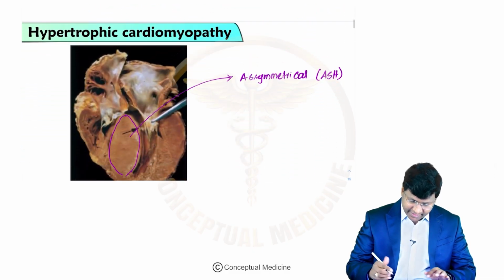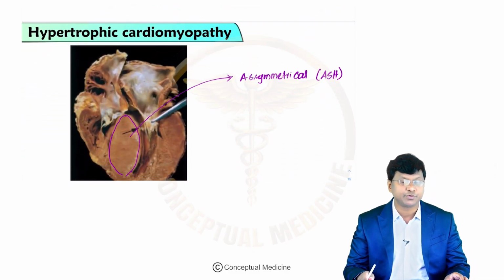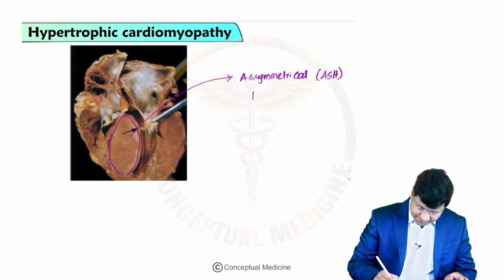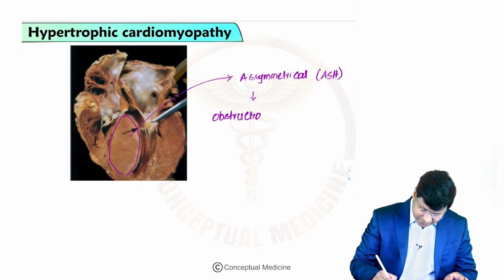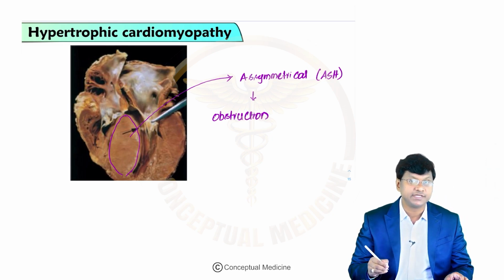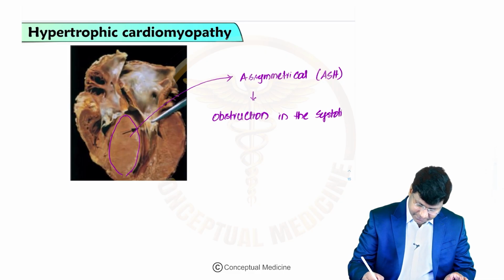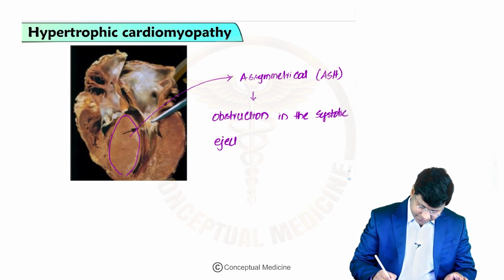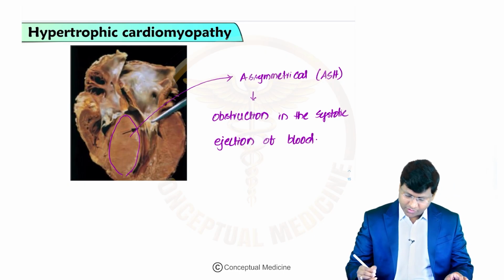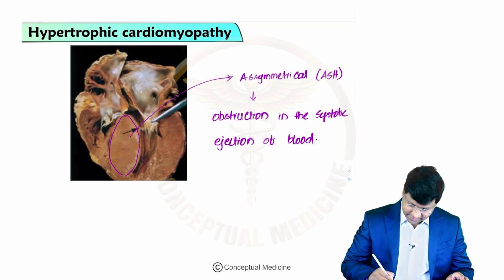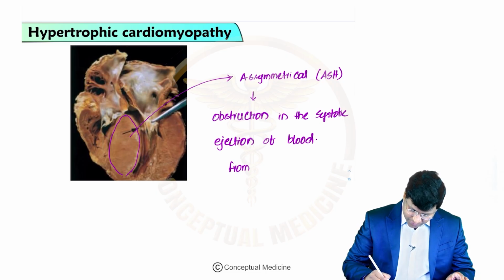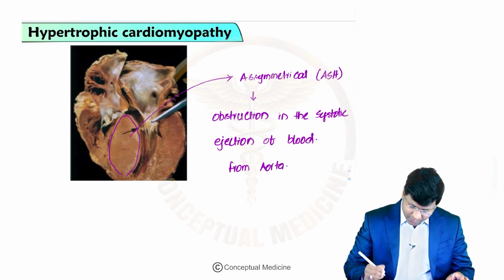Now this asymmetrically hypertrophied interventricular septum will cause obstruction in the systolic ejection of blood from the aorta.